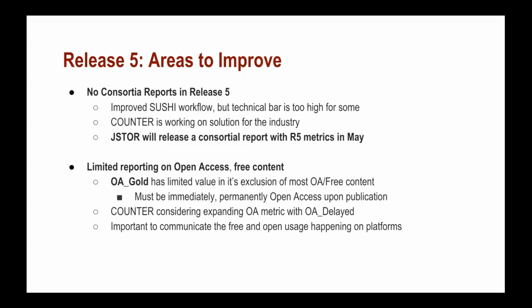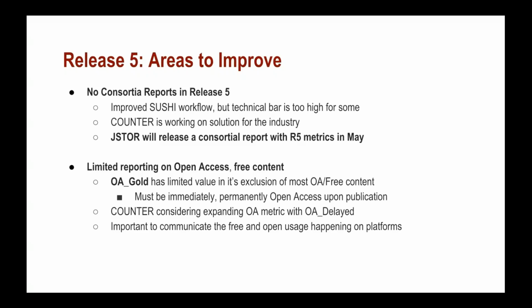The problem there is that the bar that content has to get over in order to qualify for that is it must be deemed immediately and permanently available through an open access license upon publication. And that type of information needs to be confirmed by the publisher. So for an aggregator like JSTOR, that can be a difficult thing to communicate and get confirmation on.